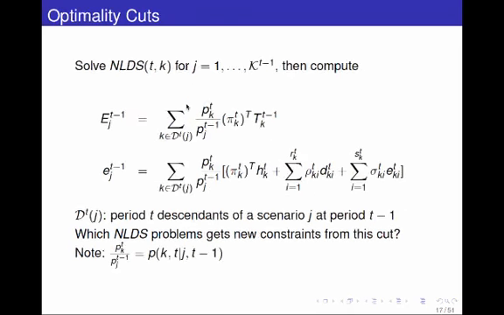Okay, so that's the recipe for the optimality cut. So I look at all the descendants, I take a conditional probability of going to any of these descendants and build the capital E matrix by this formula here, the little e matrix by this formula here. And once I calculate these vectors, I send them to period t minus 1.